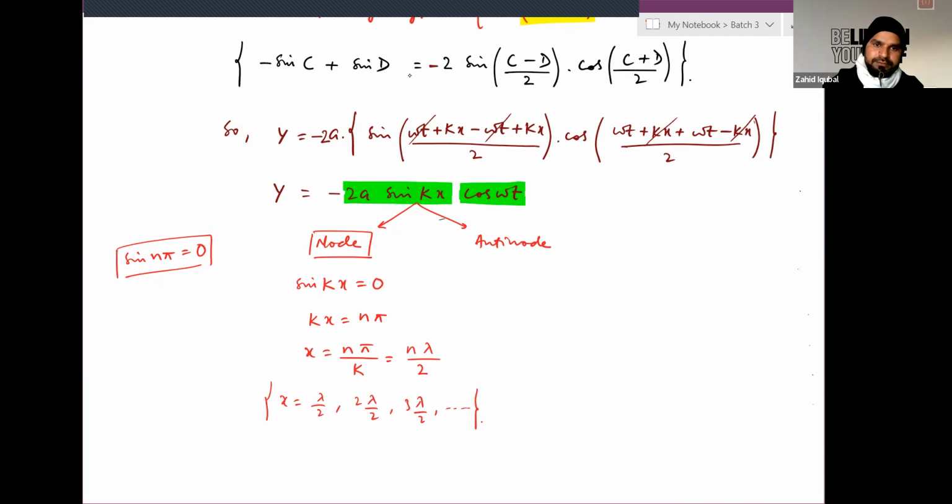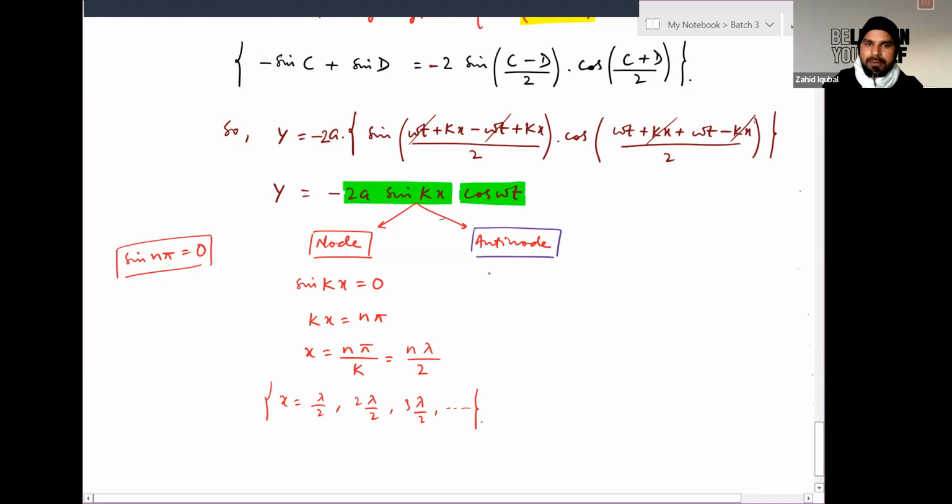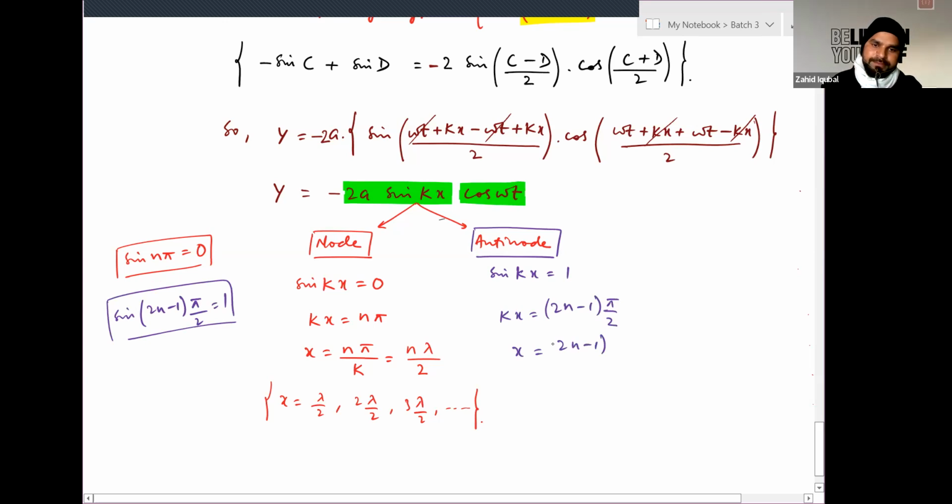Similarly, for antinode, that is maximum amplitude, the value of sine kx will be maximum, and it will be for 2n minus 1 pi by 2. So you will get kx is equal to 2n minus 1 pi by 2, or x is equal to 2n minus 1 pi by 2k.